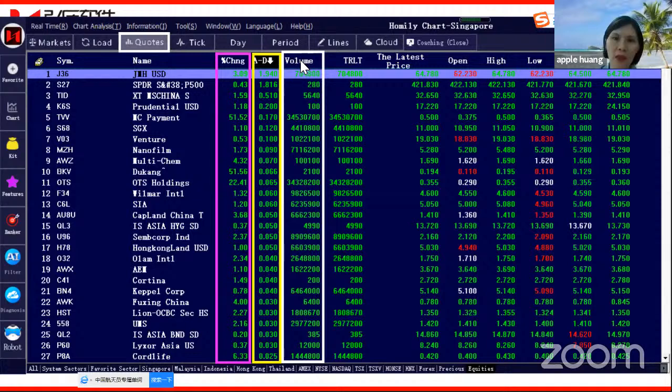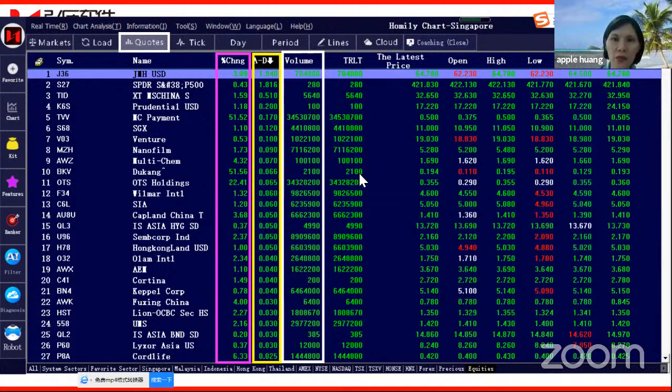Volume is also the same. If your mouse comes to volume and you press the left button, then the PC Kit will show the volumes in ascending order. You press the left button one more time on volume, then it will be descending order.